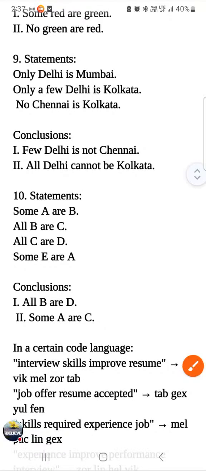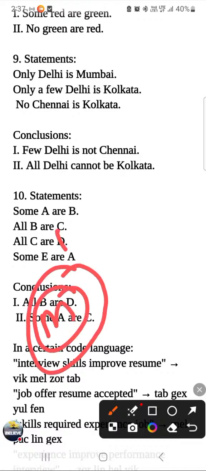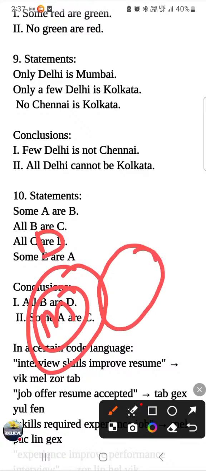Next question. Only Delhi is Mumbai. We can also say this as all Mumbai are Delhi. Only few Delhi are Kolkata. Only few means the remaining Delhi are not Kolkata.